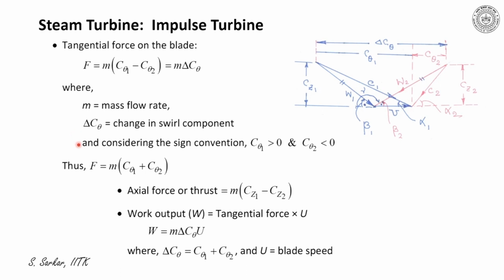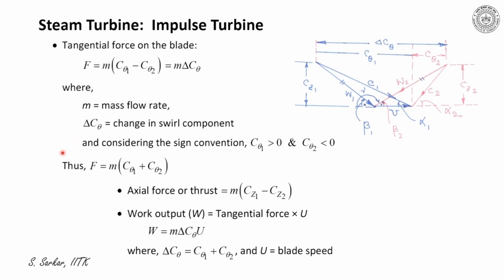Considering sign convention, C theta 1 is in the direction of U and it can be treated as positive, while C theta 2 being in opposite direction of blade speed, it can be treated as negative.